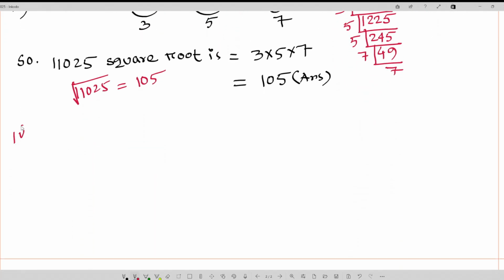And the final one, 1024, right? So what can we do? Here we can write 1024, and we can divide this one by 2.